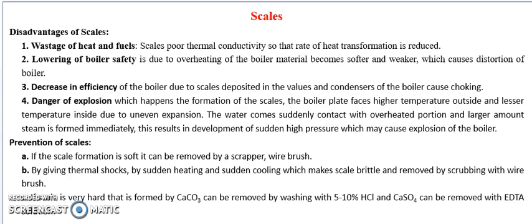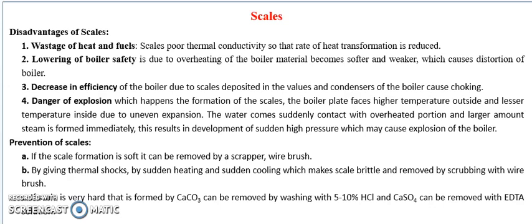Now, the removal of scales. If the scale is soft, it can be removed by scraper or wire brush. Second is by giving thermal shock, that means heating the boiler and then suddenly cooling with cold water.